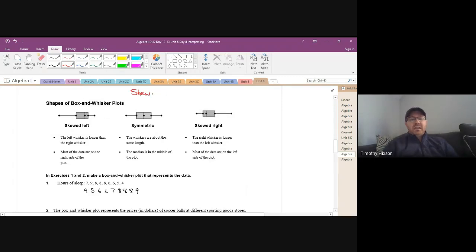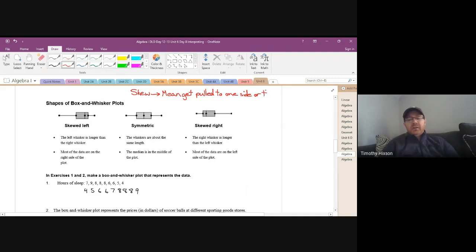that means that the mean gets pulled to one side or the other. Okay, the mean gets pulled to one side or the other. Now, how does that actually happen?